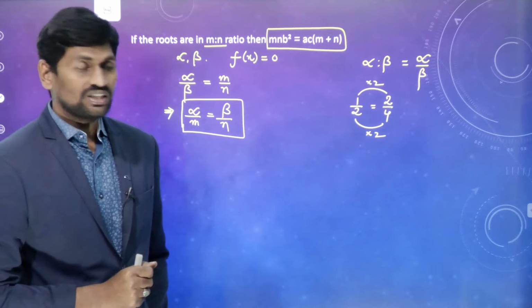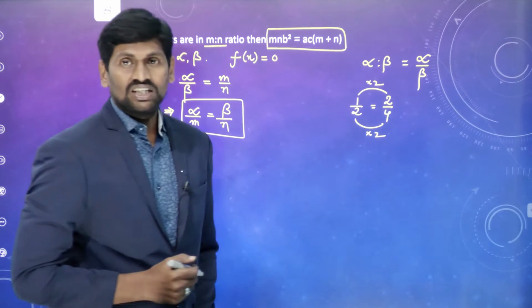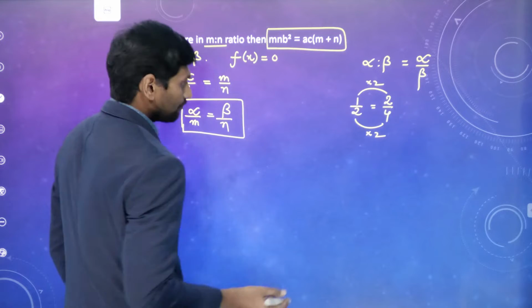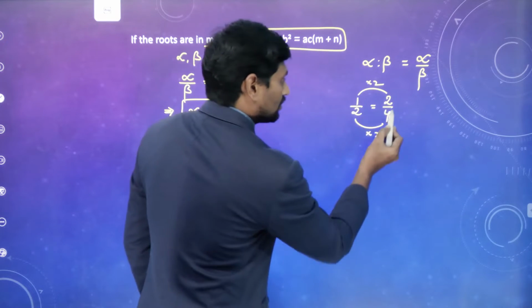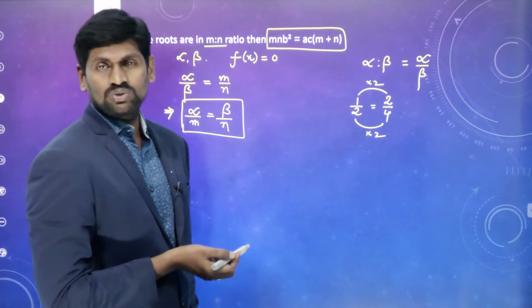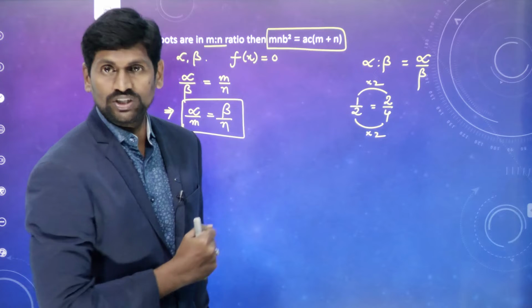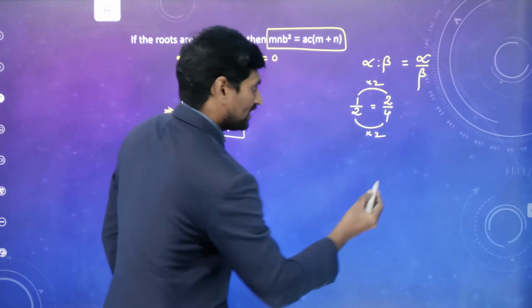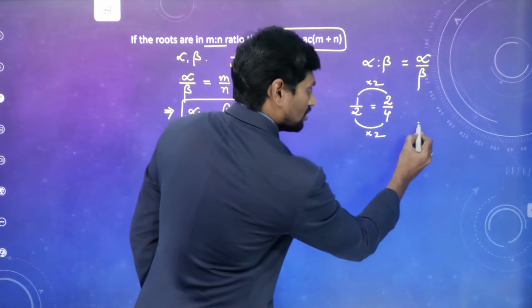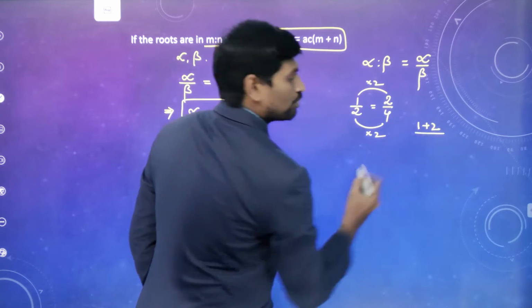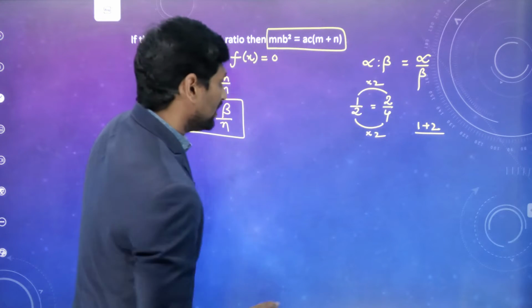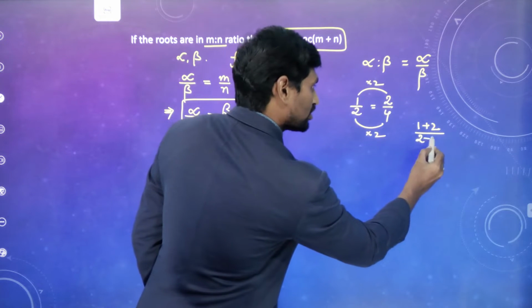Now 2 by 4 is nothing but equals to 1 by 2 after cancellation in 2 table. Clear? Now let us check if I add these two, 1 plus 2, adding the numerators and adding the denominators, will it give the same ratio or not?